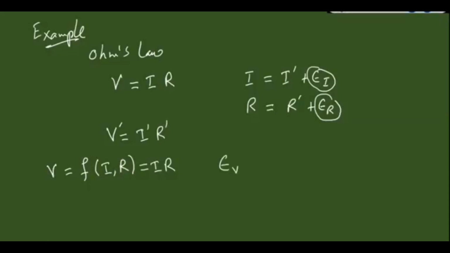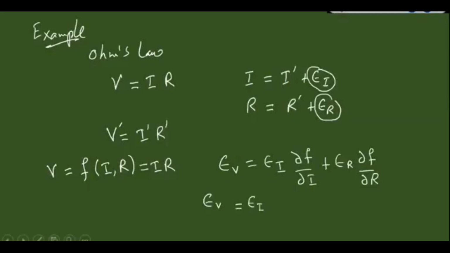Epsilon V, that is the error in V, is equal to epsilon of I times the partial derivative of f with respect to I, plus epsilon of R, that is the resistance error, times the partial derivative of f with respect to R.